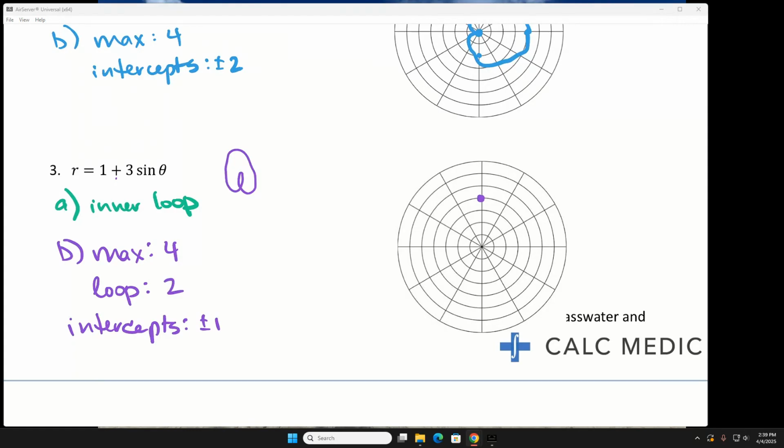We're also going to go up 2. All right, and then we are going to do our intercepts. Oh, that's not right.